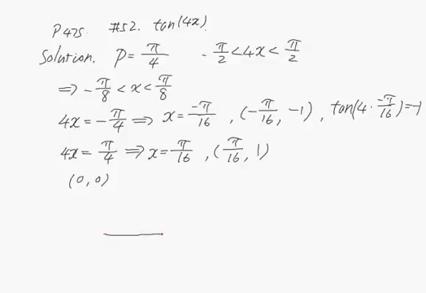So first tell me, what are the vertical asymptotes for the fundamental cycle? What is a vertical asymptote?